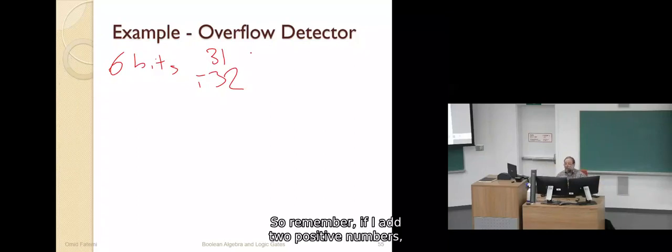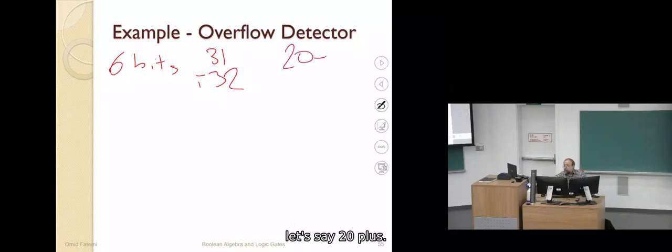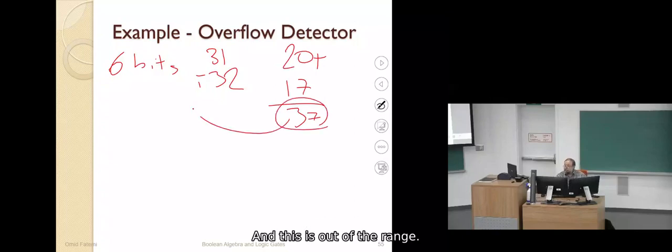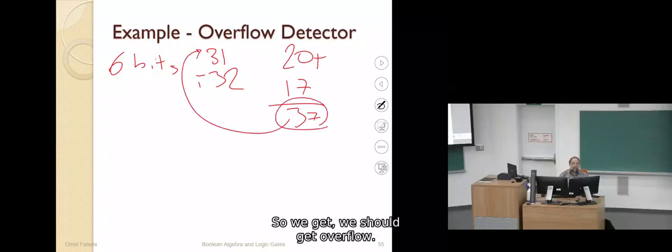Okay. So remember, if I add 2 positive numbers, let's say 20 plus 17, the result would be 37 in decimal. And this is out of the range. So we should get overflow.